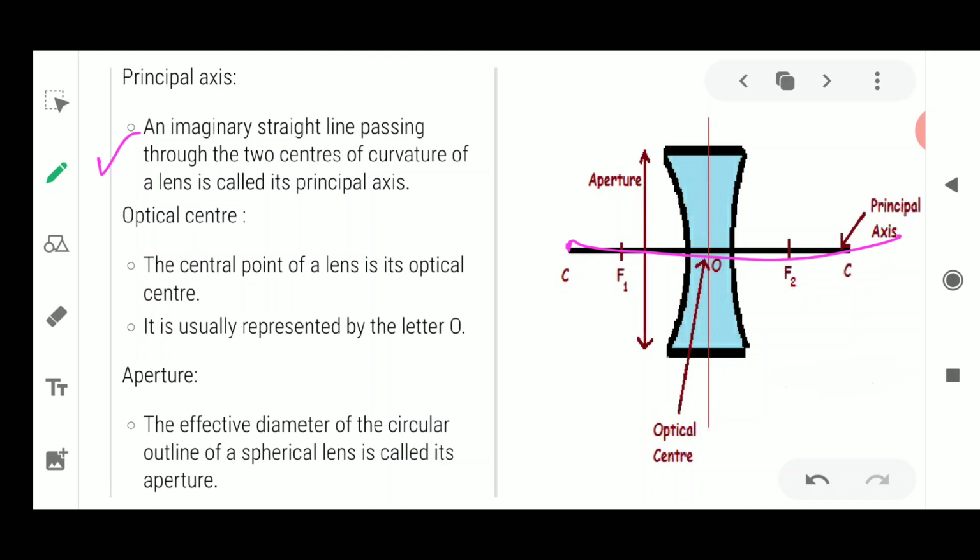In the mirror it was a straight line crossing the center of curvature and the pole of the mirror. Similarly, here it is crossing the two centers of curvature, as the two centers of curvature are parts of the two spheres of which this lens is a part. Okay, so we are studying about the lens, don't forget.